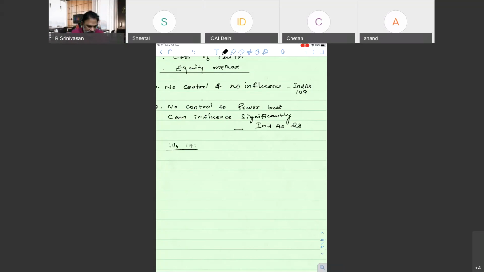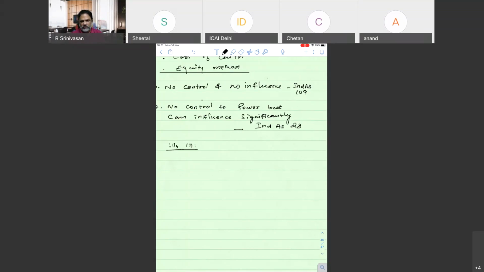Second case, P does not have joint control of Q, a joint venture. Any joint venture, whether you have the control or you don't have the control, you have to consolidate. Joint venture, you have to consolidate. Joint association, you have to consolidate. That is what is said in Ind AS 103.